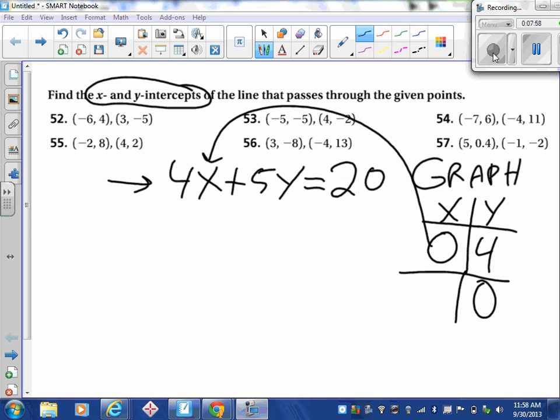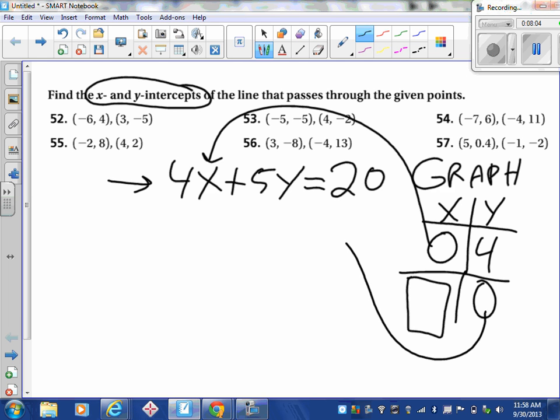And now we're going to find what the x-intercept is, which means I got to take this 0 and plug that in for y. So I'm going to rewrite that as 4x plus 5 parentheses 0 equals 20.